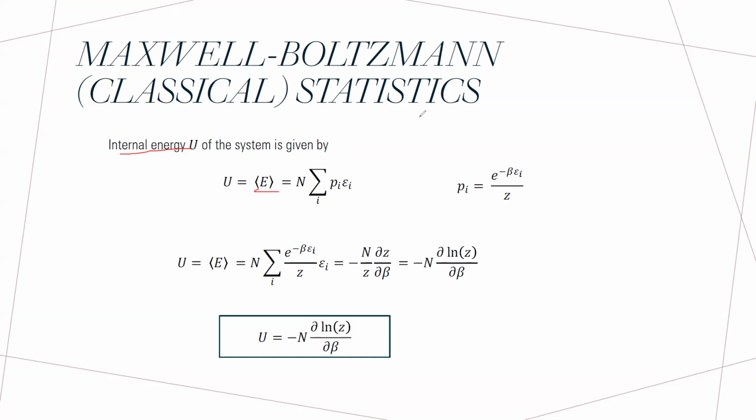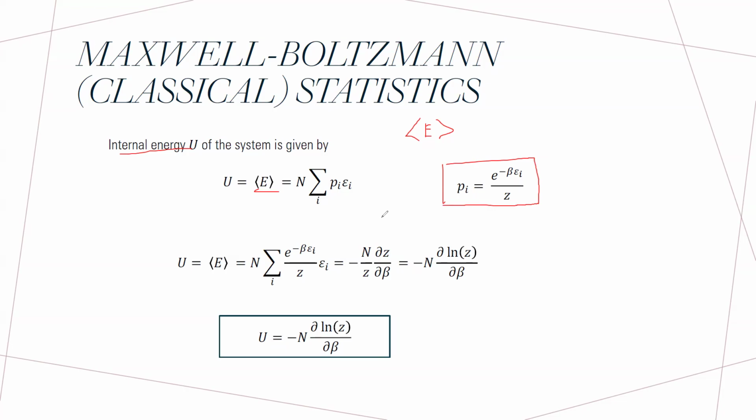The average energy is denoted by these brackets, within these brackets, E. So it is equal to the number of particles times the sum of P_i times epsilon_i. So here P_i is the probability of occupying some energy state by a single particle.